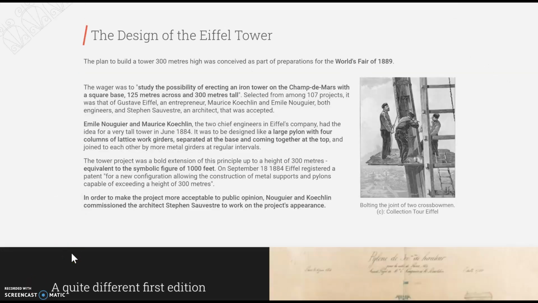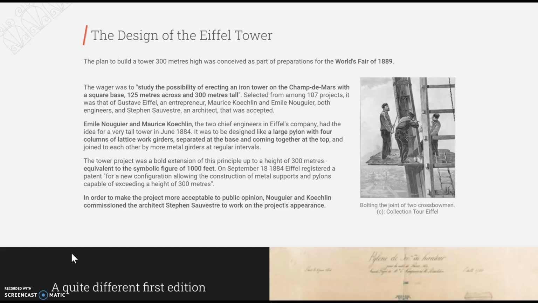What we see in this slide is the goal for the building, which was to be built for the World Fair of 1889. The World Fairs were trade, they were manufacturing, they were culture, and the best of design. And each country would enter an exhibit.